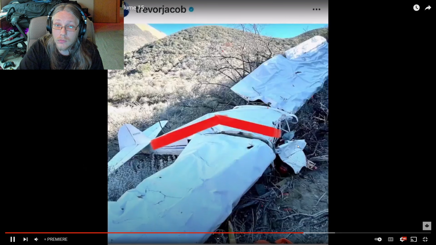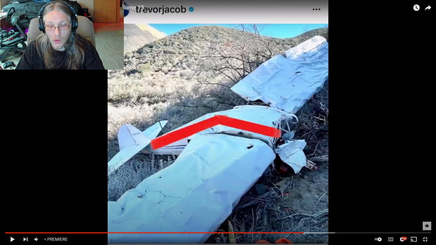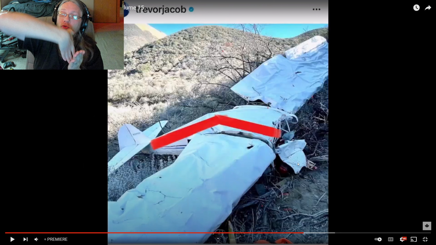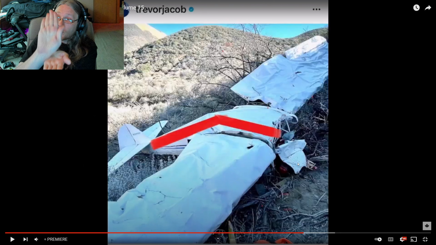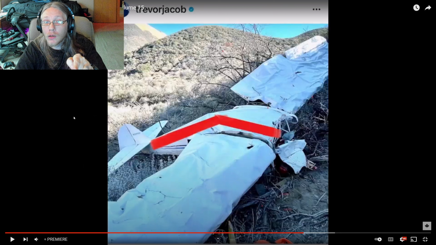Okay. Now, if it hit more vertical and it was thrown over like you're saying, that bend in the back would go bink and bend over like this, and the tail right here would get crushed in.